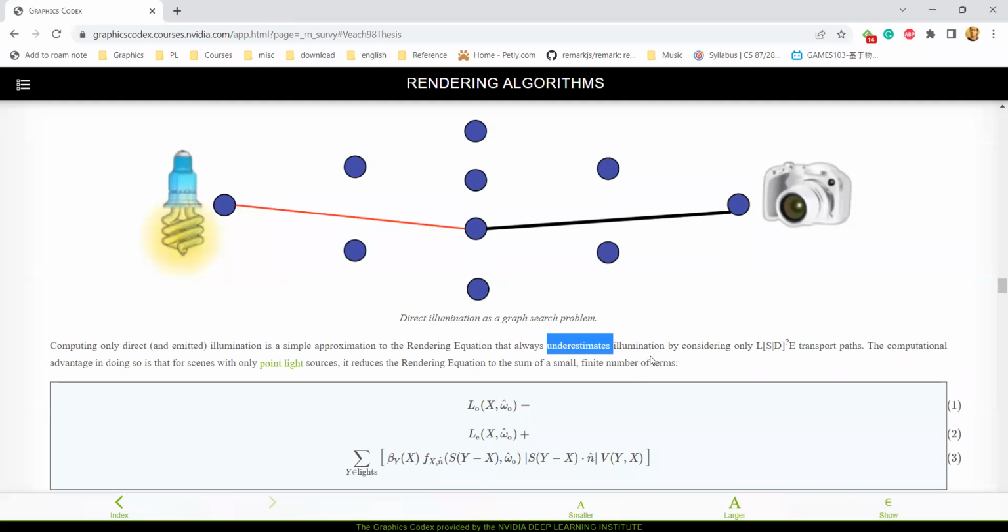That's why we add the ambient term to compensate for this underestimation. The computational advantage in doing so is that, forcing only point light sources, it reduces the rendering equation to the sum of a small finite number of terms. It just becomes a sum.